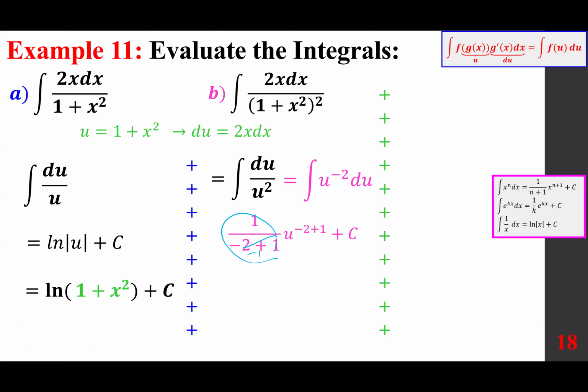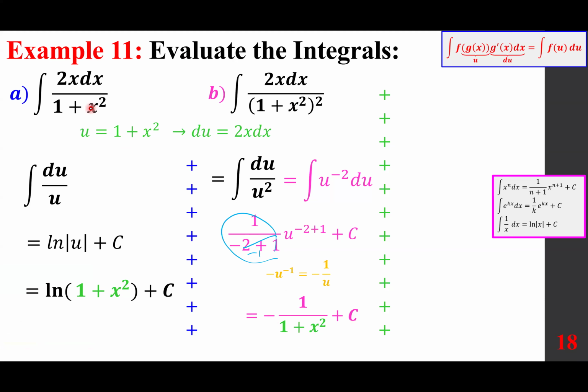So this whole thing is just a negative sign. So minus u to the power of -1, which is minus 1 over u. And the u is replaced with 1 plus x squared. So we get minus 1 over 1 plus x squared and a constant.